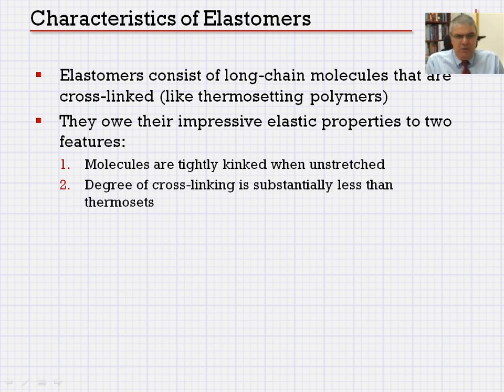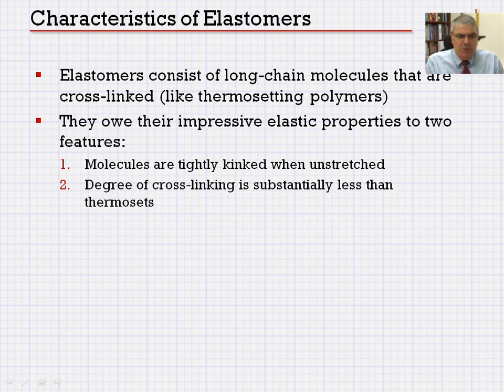What do the molecules of elastomers look like? These are long chain molecules, and they are cross-linked. Remember that the other type of polymers that was also cross-linked was the thermosetting polymers, or TS.